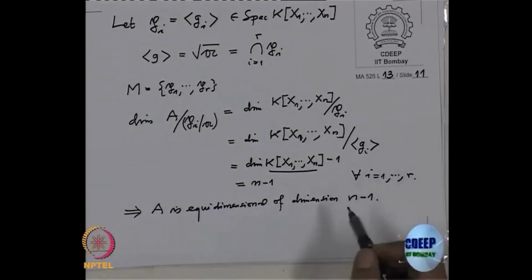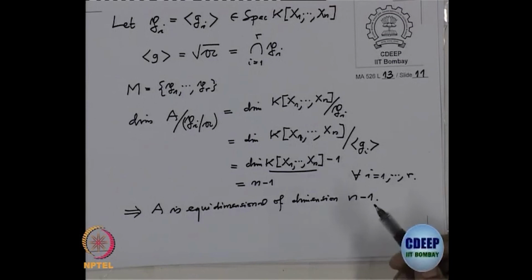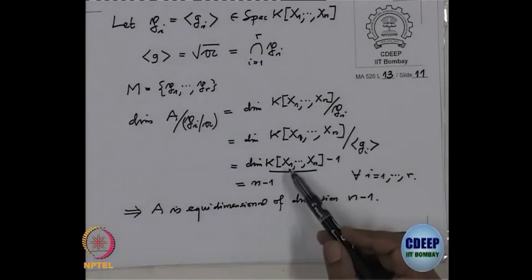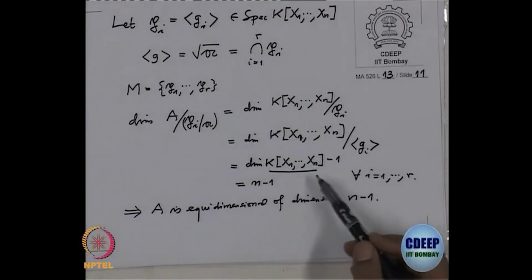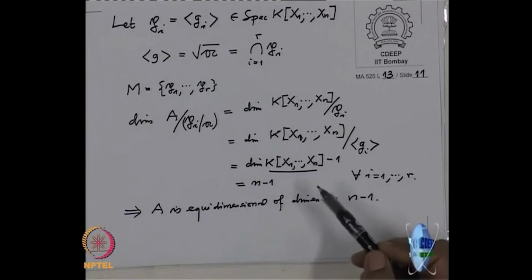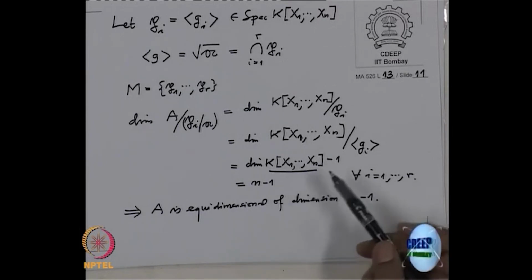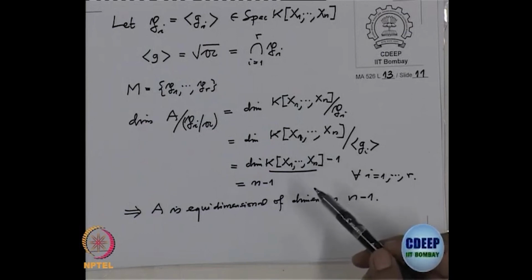Actually, the dimension theorem I have used here to say that the dimension drops exactly by 1, you can also avoid by using the dimension theorem; this is a milder use of the dimension theorem. One can actually prove it by hand.